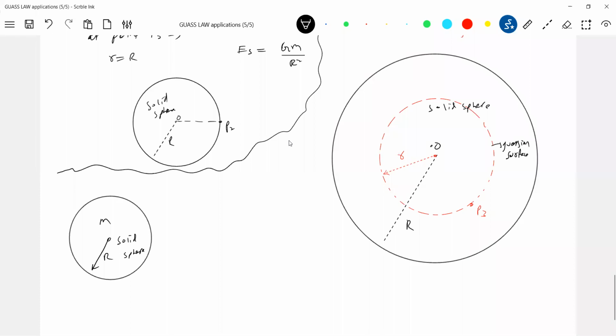At a radial distance of capital R, mass M is there. At a radial distance of small r, how much mass is enclosed? The mass enclosed is different, no? Call it M dash. What is M? Rho, the density, equals mass by 4 by 3 pi R cube. Then what is M dash, the mass enclosed by the Gaussian surface?